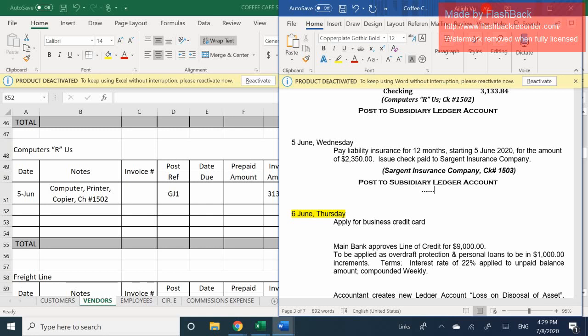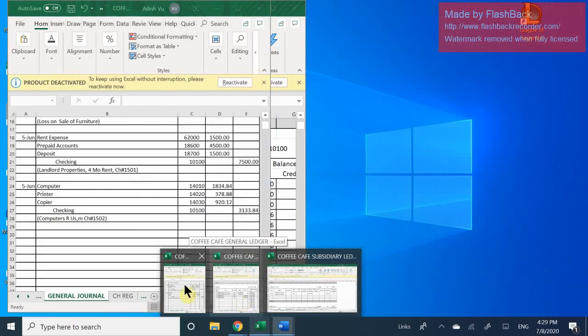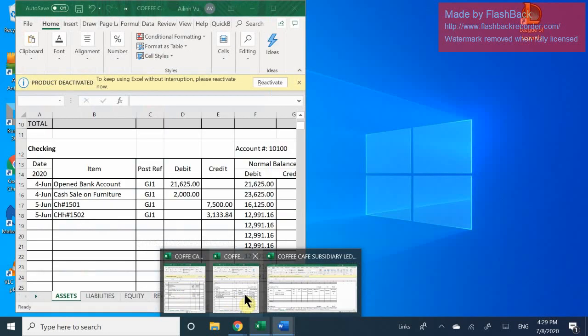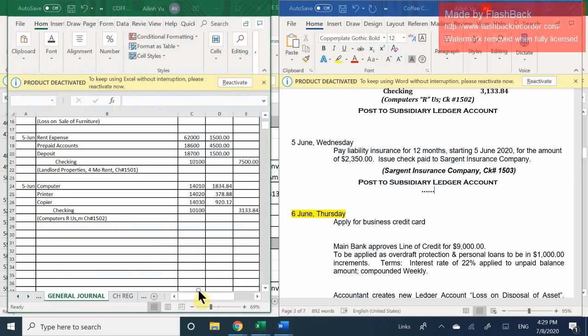Okay? So let's go to my journal. Since I don't have the example of the journal right there, what do I need to do? June 5th. Liability insurance.